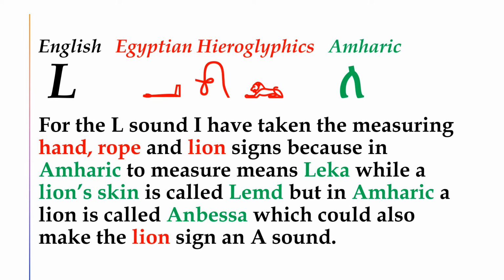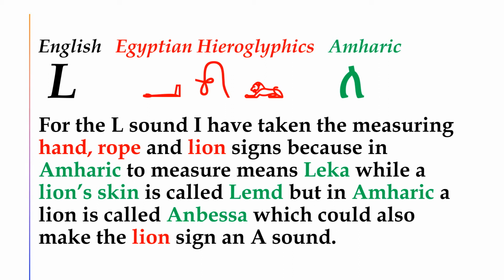And the rope sign, I've taken it because you use the rope sign also for measuring. So it has to be taken as the L sound because to measure means laka in Amharic. And also I've taken the lion sign as the L sound because in Amharic we call the skin of the lion lamd.